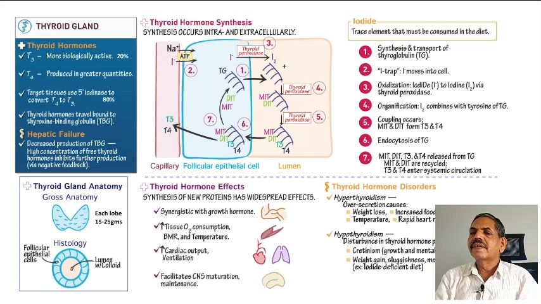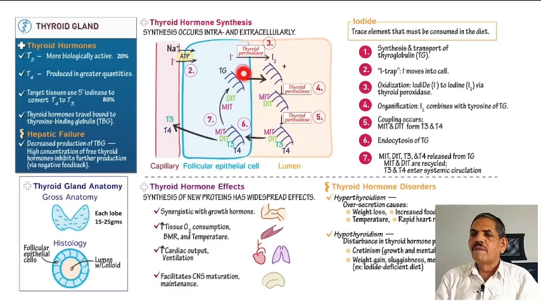Next we will discuss the synthesis of thyroid hormones. They are occurring inside and outside the follicular cells, and it is happening in 7 steps.